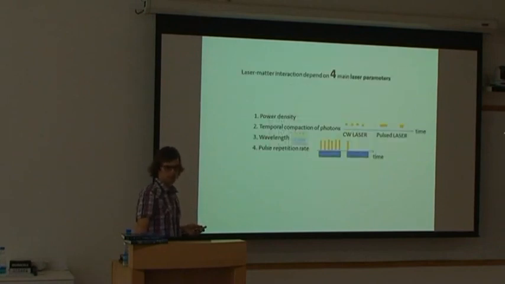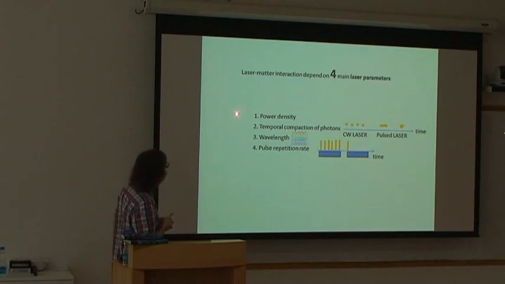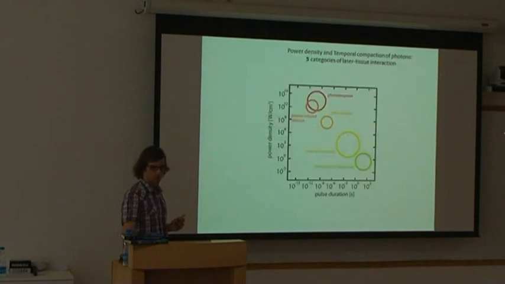So if we start to take into account the first two, power density and temporal compaction, there's a diagram that you can draw. This is a diagram that has been drawn by Nims in one of his books that kind of recapitulates much of the work that has been done in laser dissection. So what you have here is pulse duration. That means it's the width of the pulse in time.